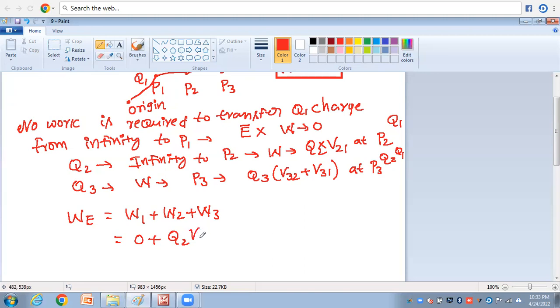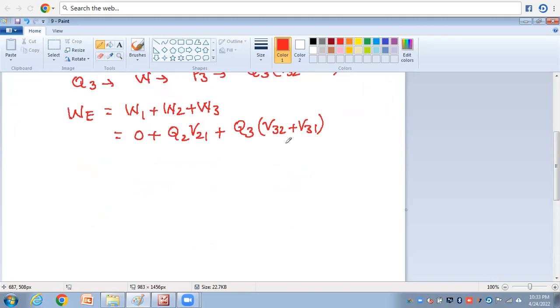Then W3 is Q3 into V, where there are two potentials, V32 and V31, due to Q2 and Q1 respectively. So I will write V32 plus V31. This considers Q1, Q2, Q3.